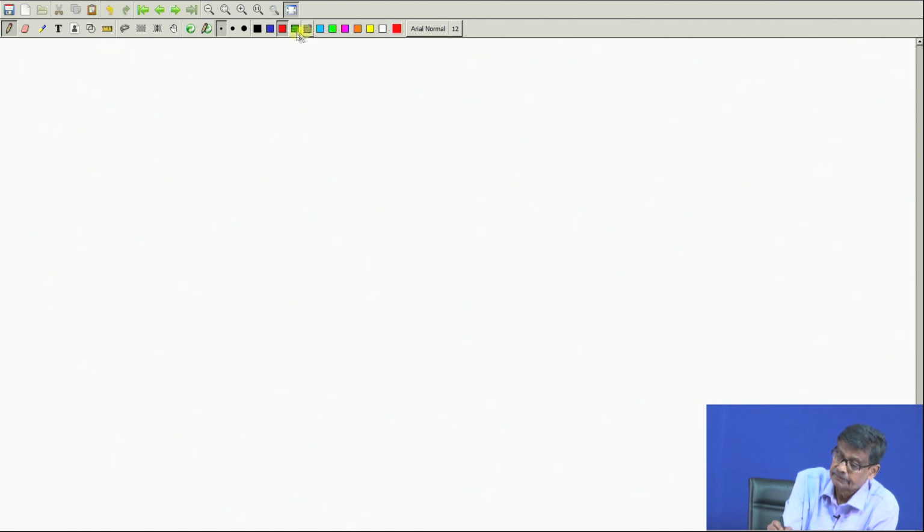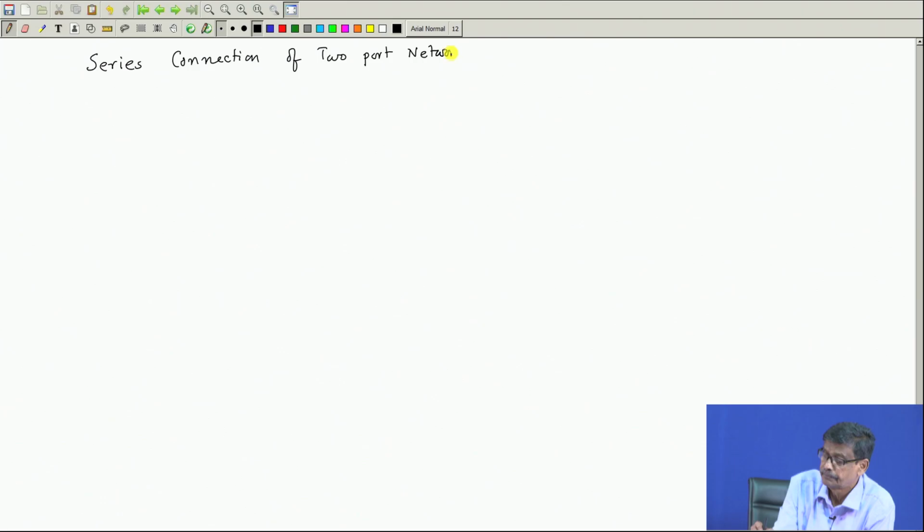Series connection first. These are very simple stuff, not tough at all. Series connection of two port networks.